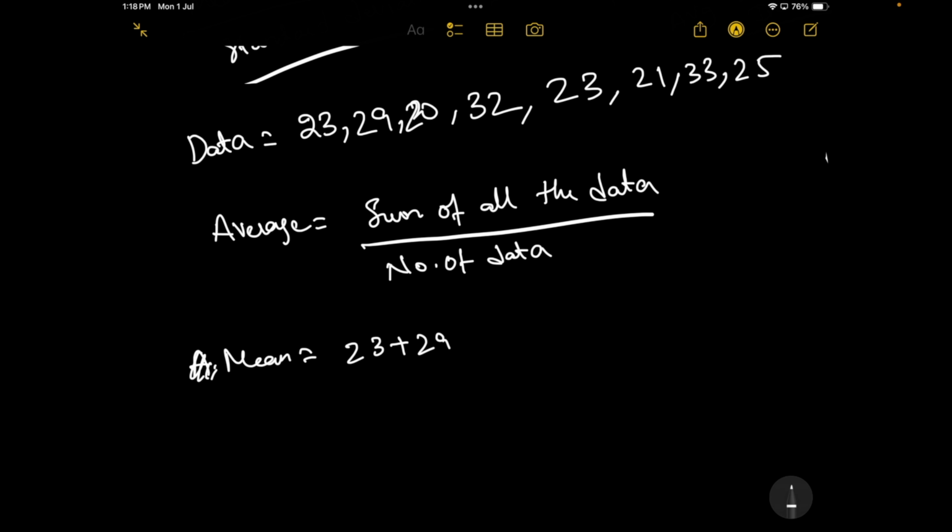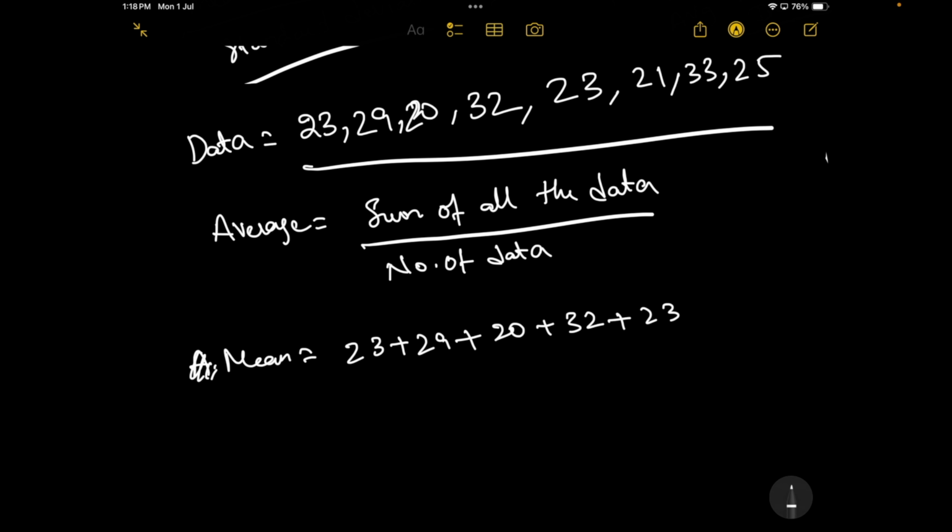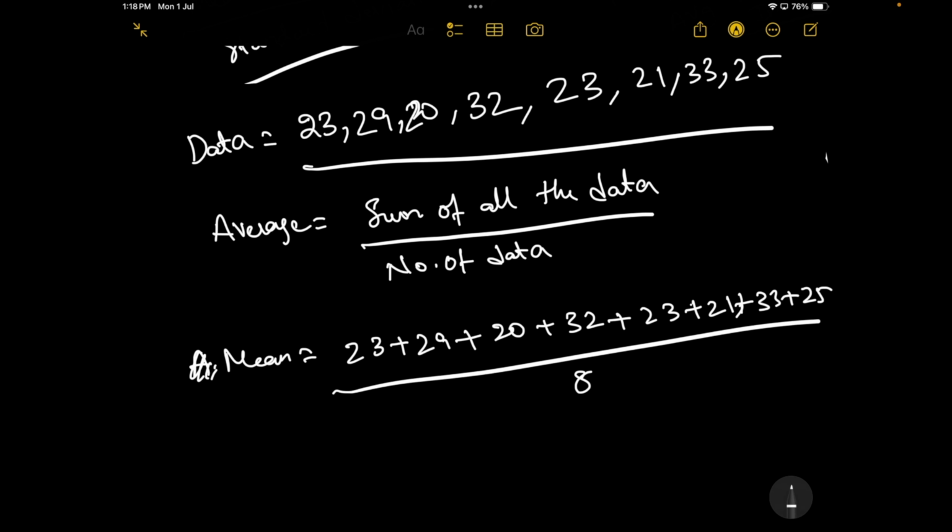We have this data right here; I have already loaded some data. 21 plus 20 plus 32 plus 23 plus 21, sorry, plus 33 plus 25, divided by how much? 8. If you add the entire thing, how much do you get?